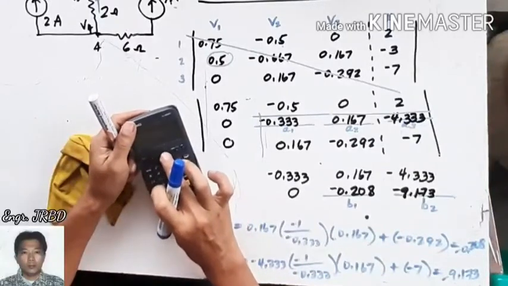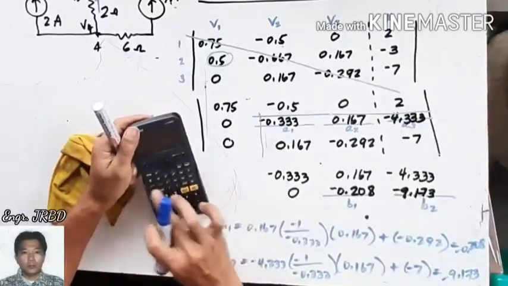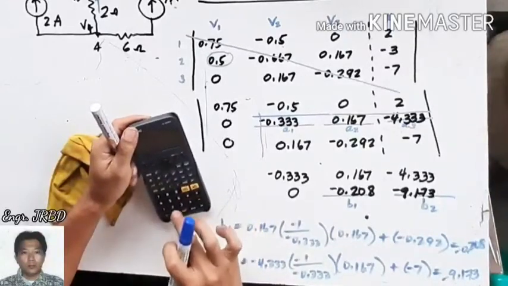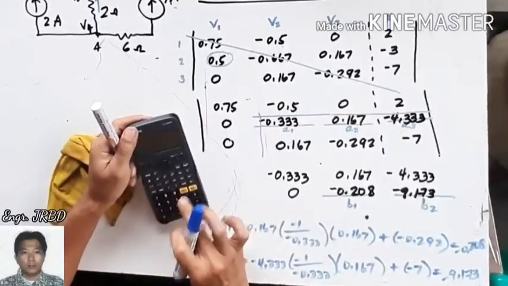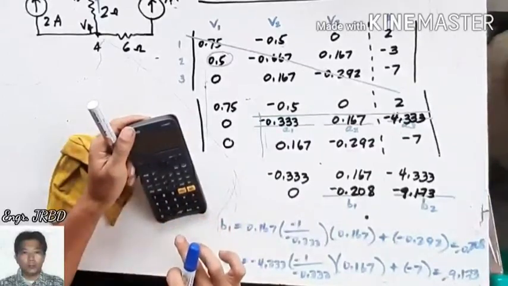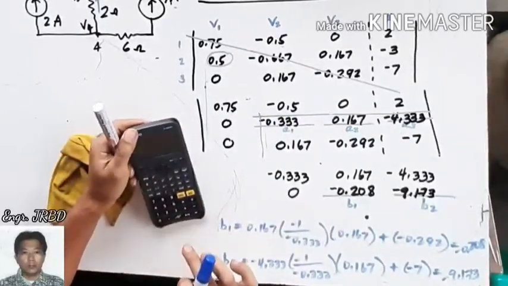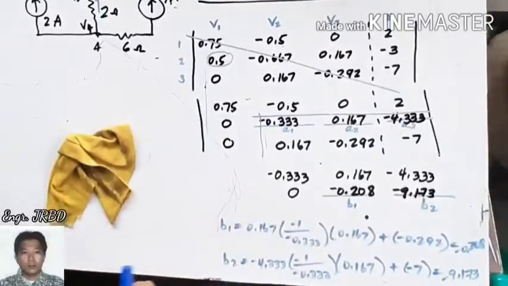Okay, negative 0.208. The other one, plus negative 7, and that is negative 9.173.